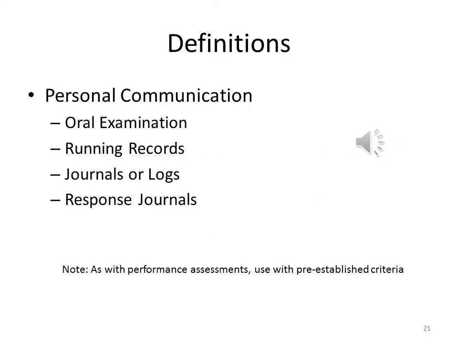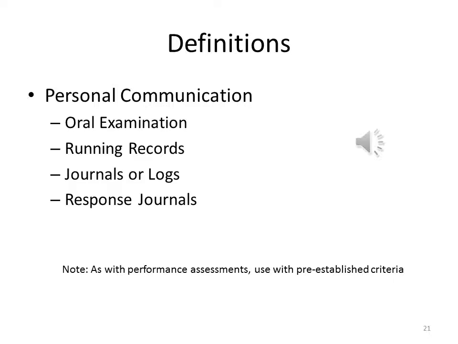In the target method match, personal communication includes assessments such as an oral exam, or a running record where the student is reading and the teacher is observing. It could be a journal or a log. It could be a response journal.